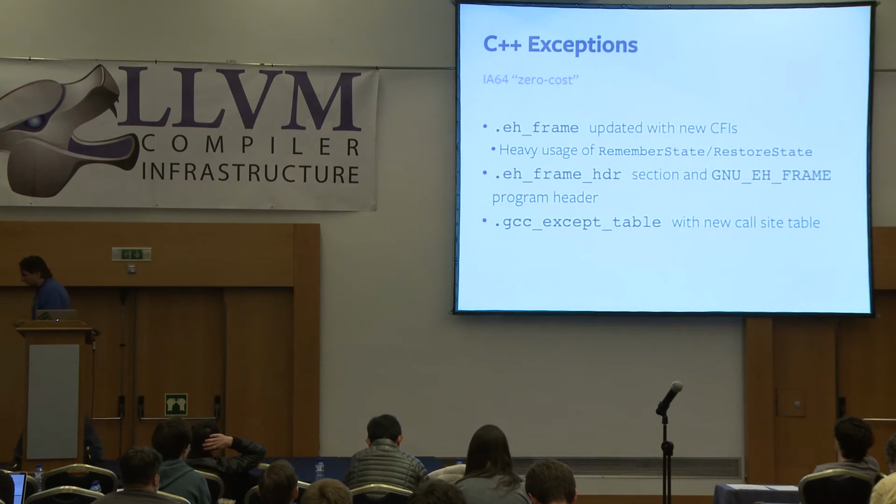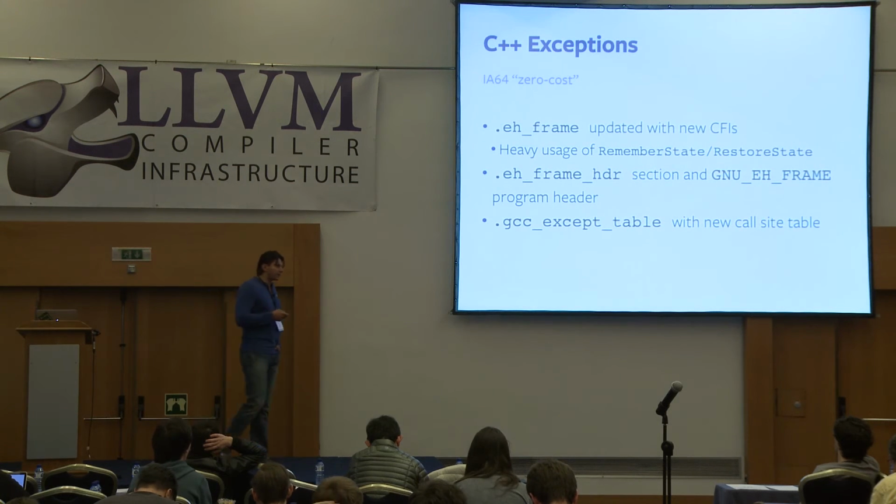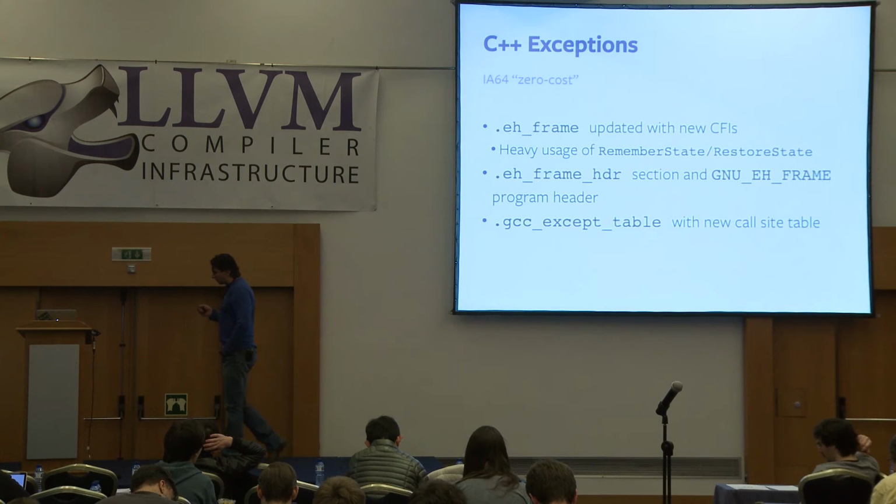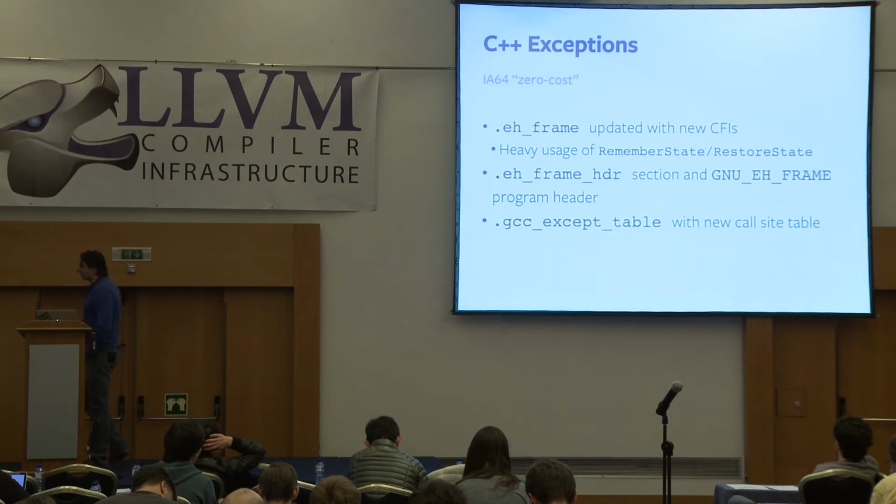We need to update the unwind information in HHVM, which maintains CFI instructions. We rely on heavy use of remember state and restore state. We also had to modify the HHVM header, which is a quick reference for runtime libraries to access HHVM. And then, of course, the exception tables themselves with call sites, the GCC except table.